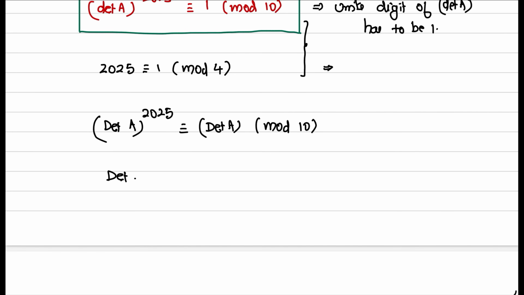Determinant of A is equal to minus 2k minus 4. This implies determinant of A is equivalent to 1 mod 10.